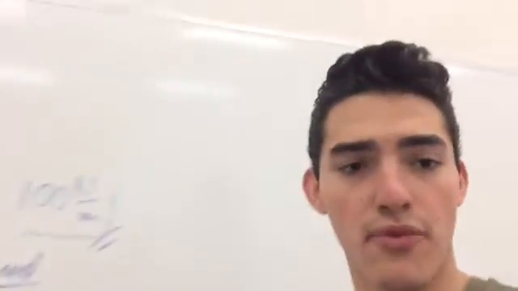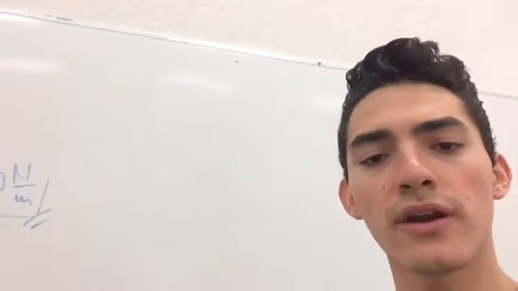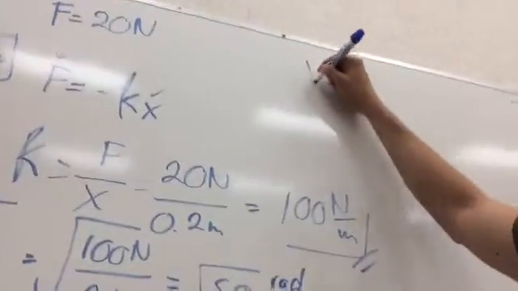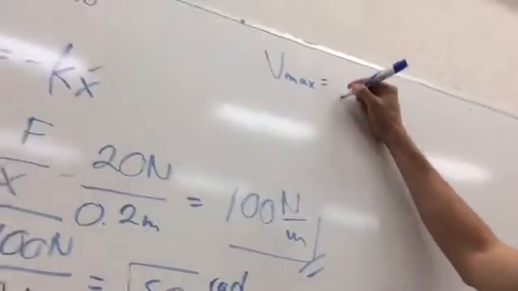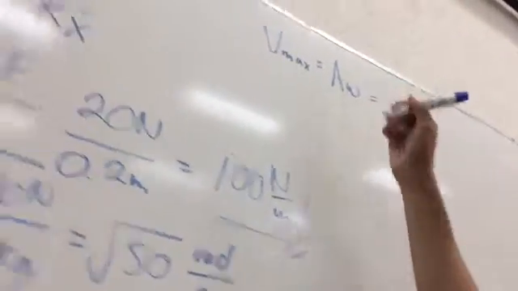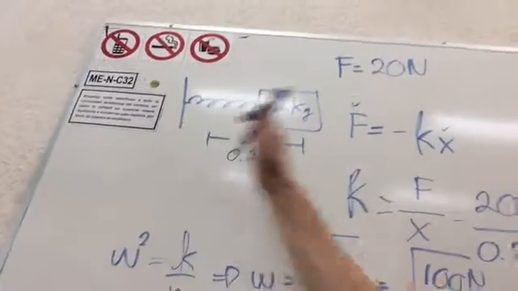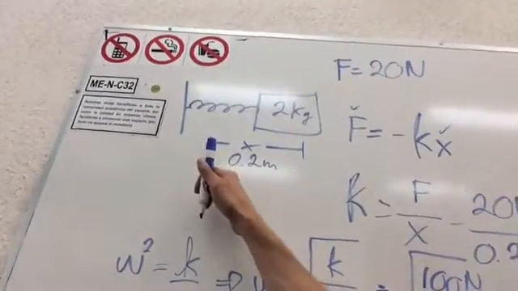The third part of the problem says that we have to calculate the maximum speed of the object, and where this maximum speed occurs. We know that the formula for the maximum velocity is equal to the amplitude times omega. And the amplitude is the maximum position that the object can reach in the movement, so it will be 0.2 meters.